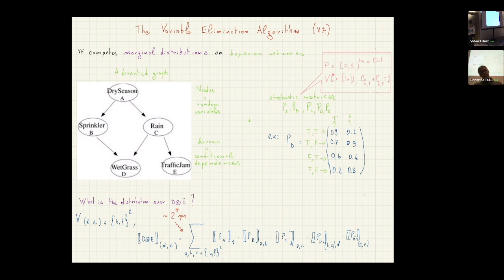And variable elimination improves it by factorizing this algebraic expression, taking advantage of the dependencies and the independencies of the variables as they are modeled by the graph structure.